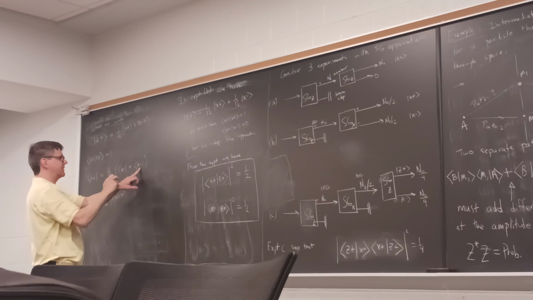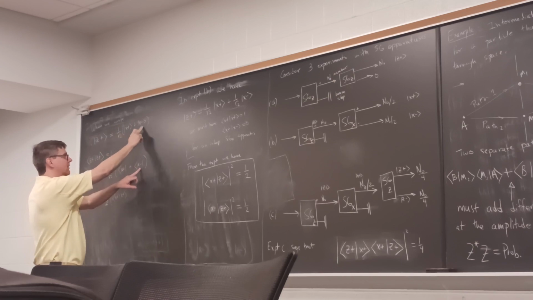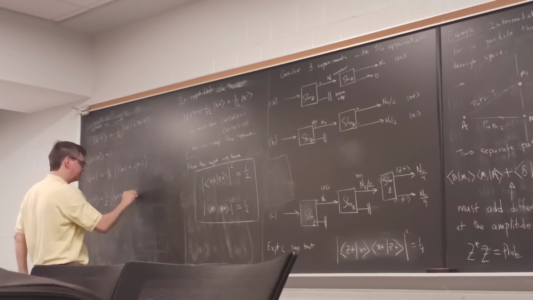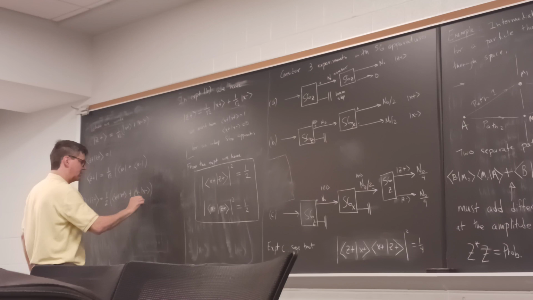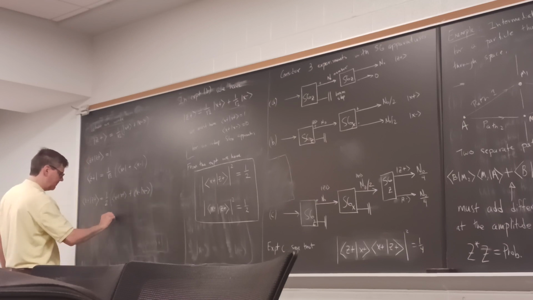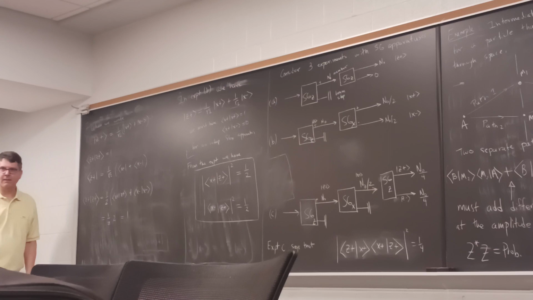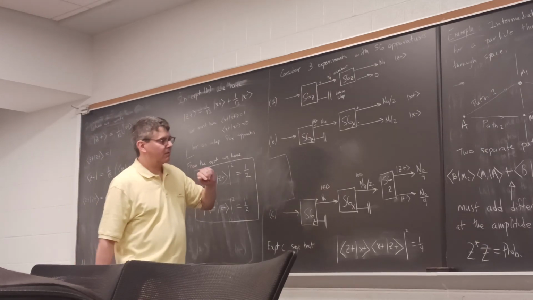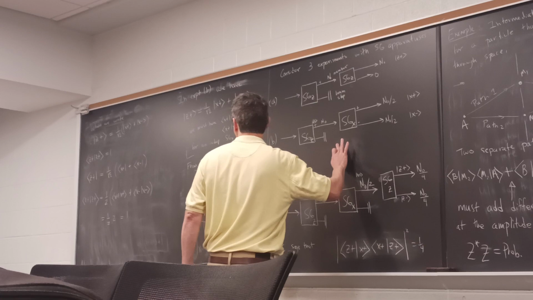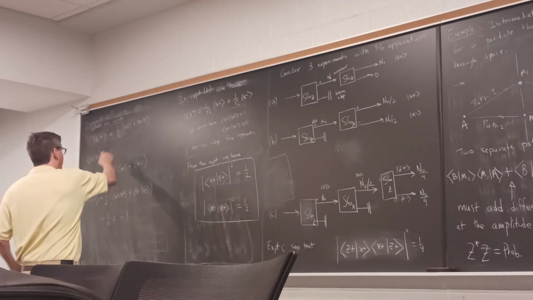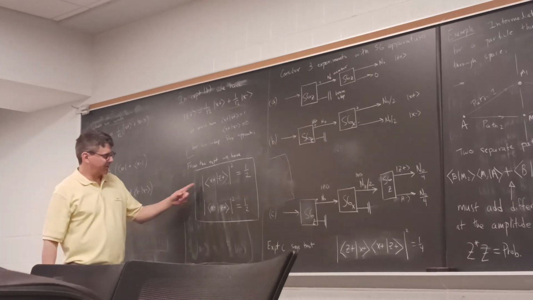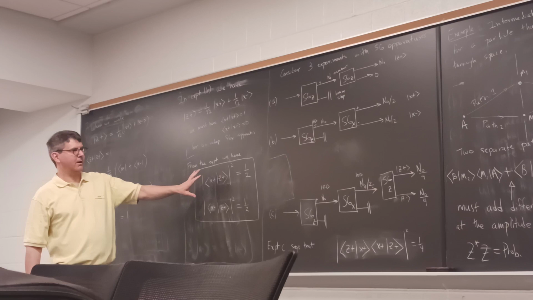And likewise, this X minus will hit this X plus and give me 0, and this X minus will hit this X minus and give me 1. Okay? So that equation allows us to have our normalization again, and it's also consistent with the probabilities that we measure from an actual experiment.